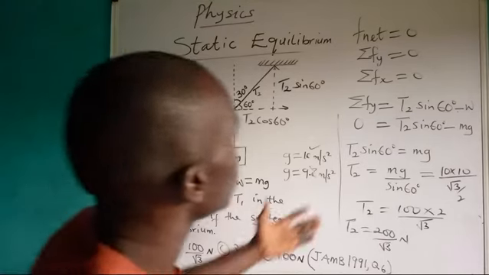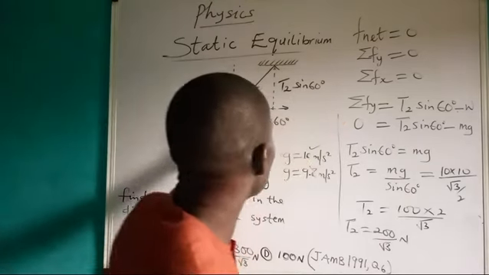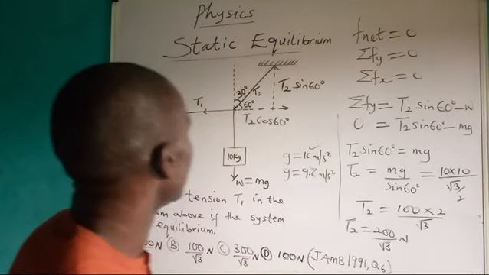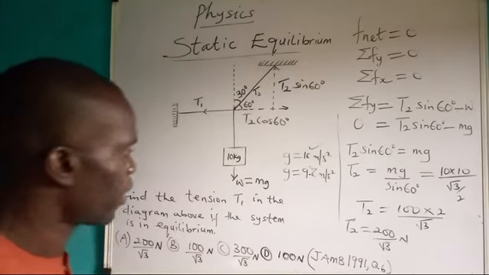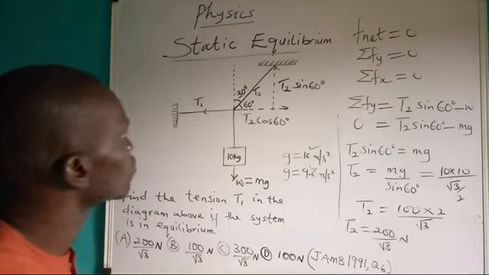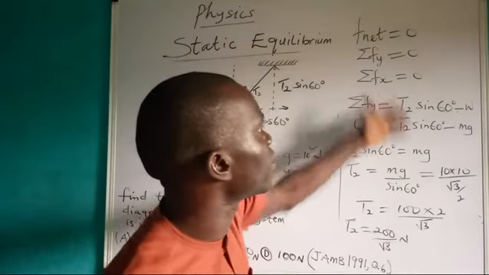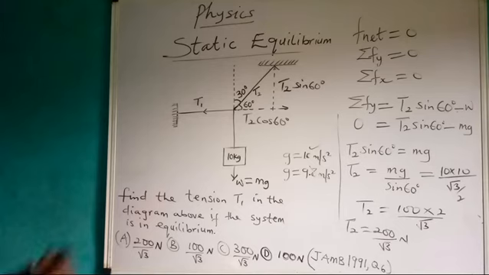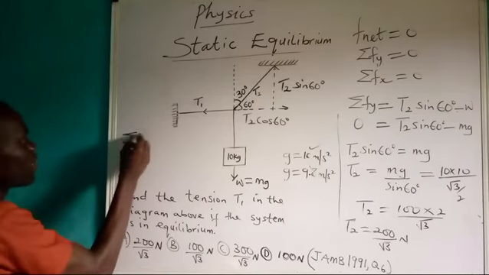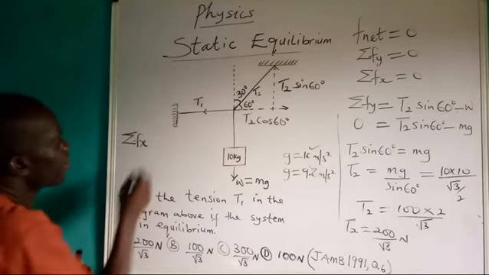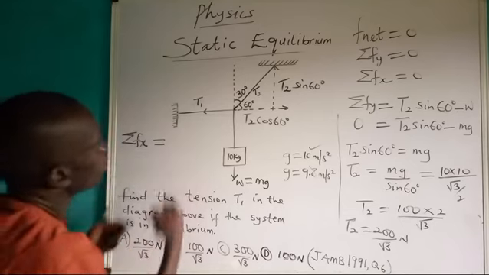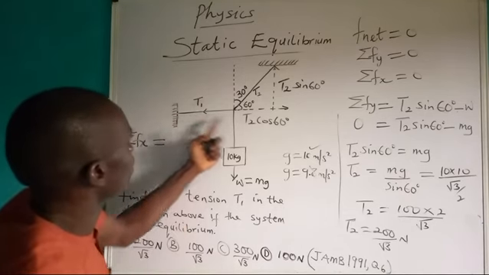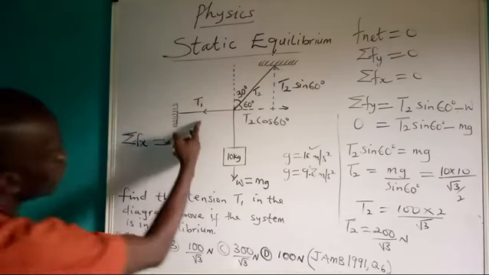Since I have been able to resolve the Y component, I will also consider the X component. Meaning that I have to look at the sum of the forces in the X direction. To do that, I will say sigma Fx equal, and what are the ones that are horizontal there? We have this and this.